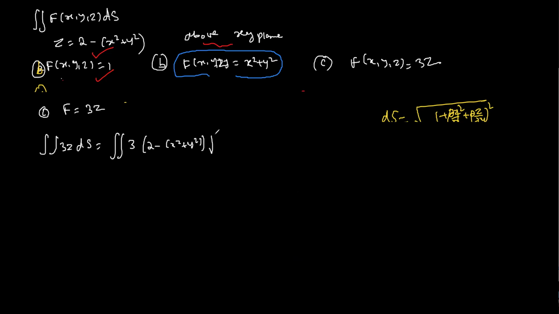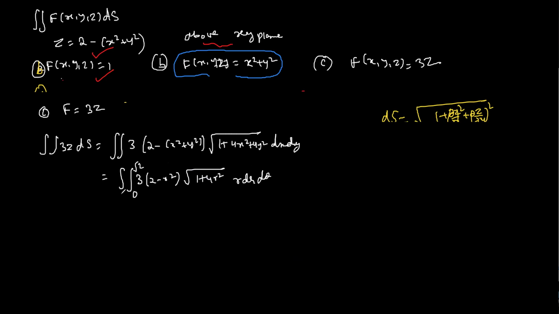And ds is root of 1 plus 4x square plus 4y square dx dy. Understood? Okay. Solve this also in polar form. So here 2 minus r square, root 1 plus 4r square, r dr d theta, and r goes from 0 to root 2 and theta from 0 to 2 pi.